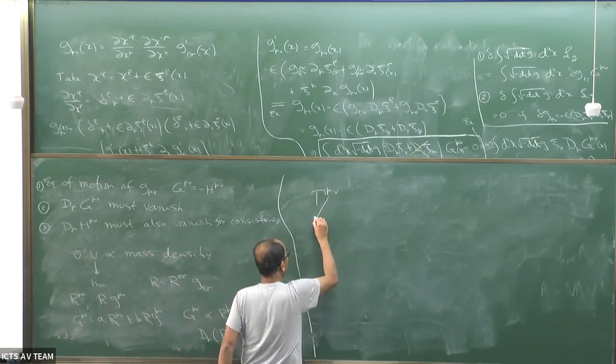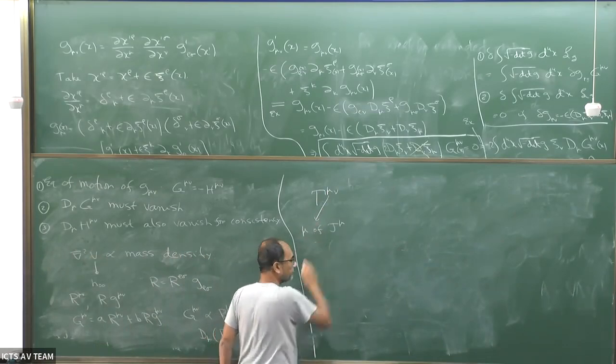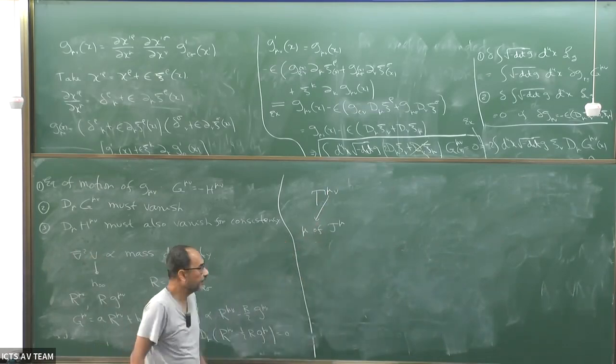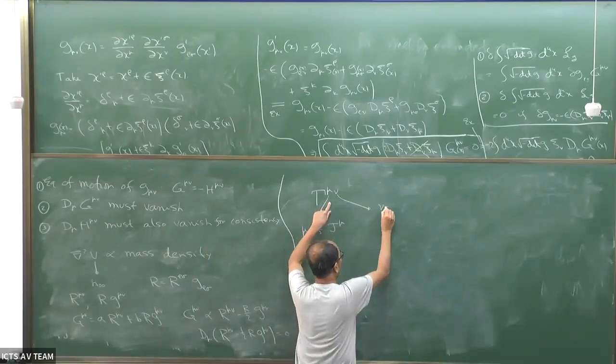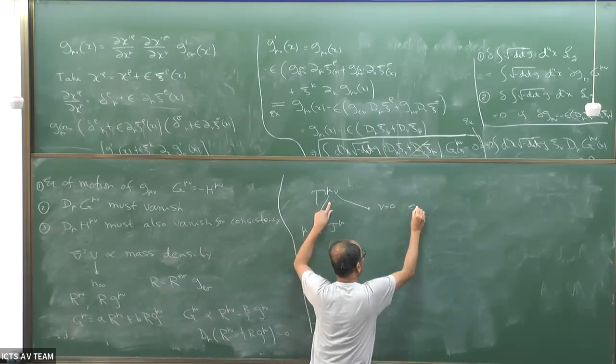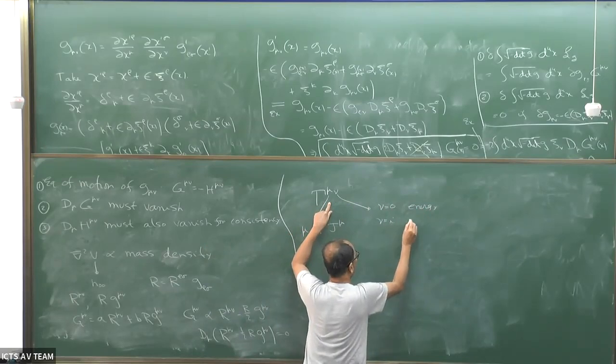So mu is like the mu of J mu, and nu equal to 0 corresponds to energy, and nu equal to i corresponds to momentum.